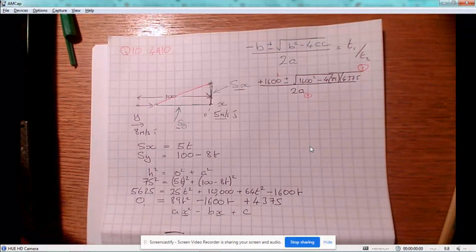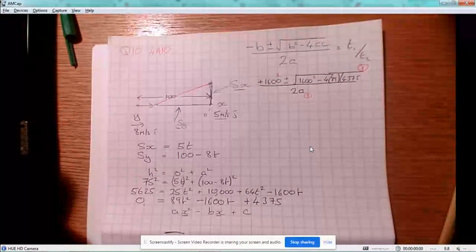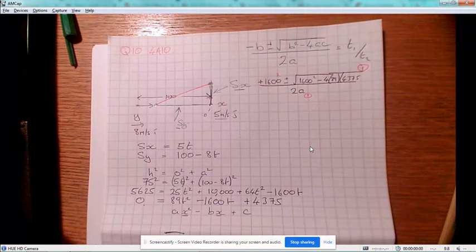And we can do all that on one line. So I'm just typing this in the calculator.